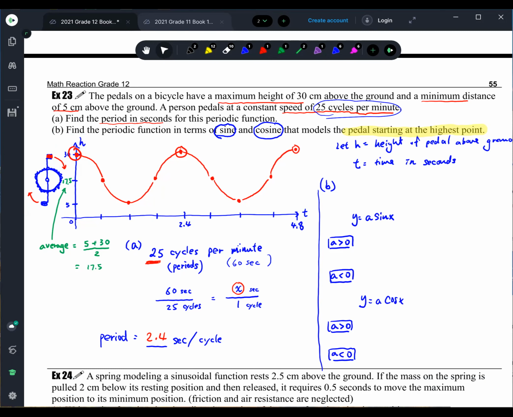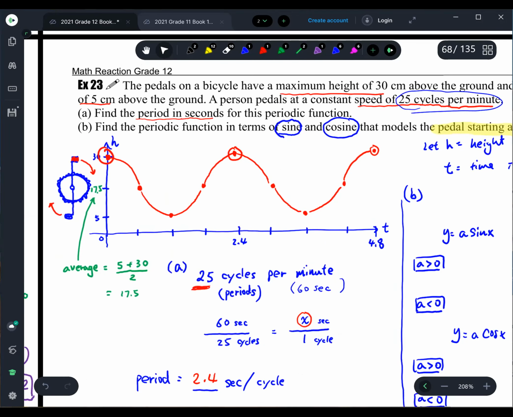Let's have somebody draw the midline, okay? Where do you put the midline? Eric, can you draw the midline on the graph? Maybe over here, like this. Yeah, very good.